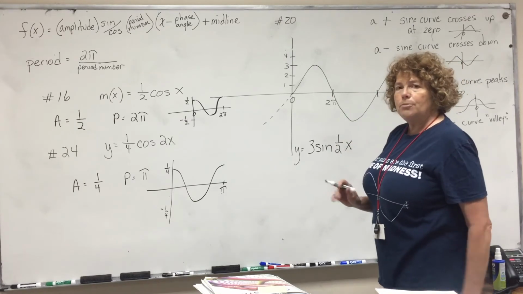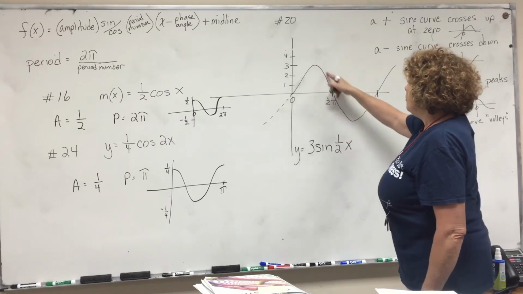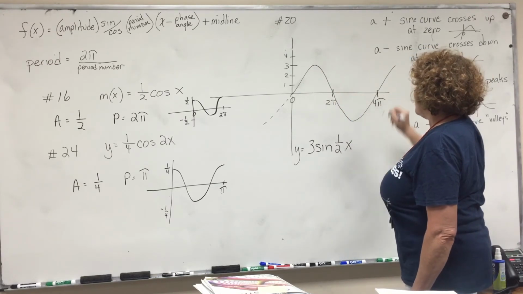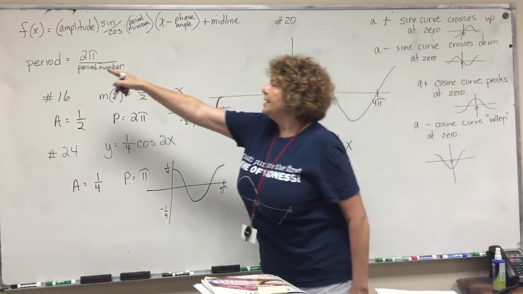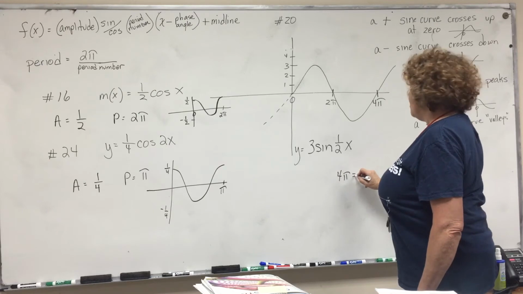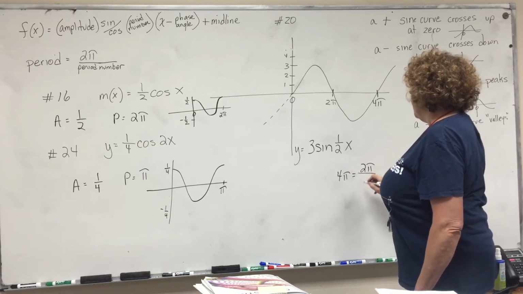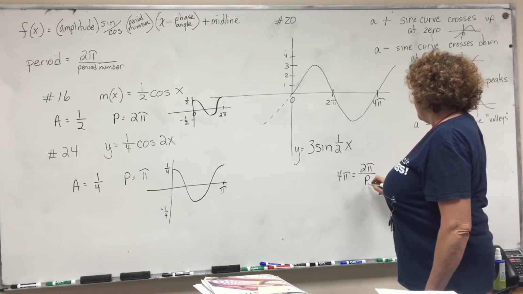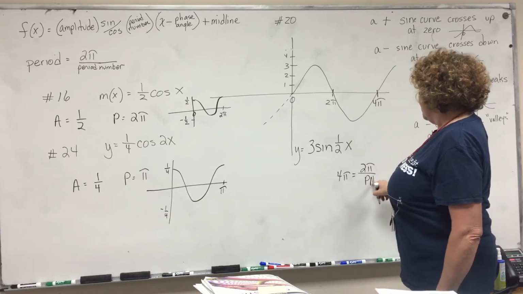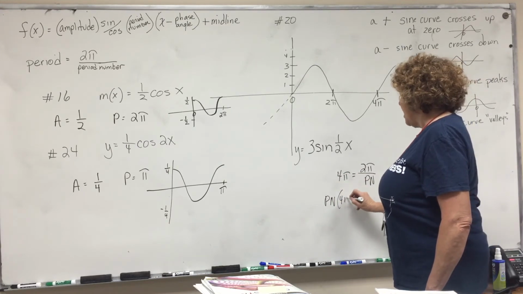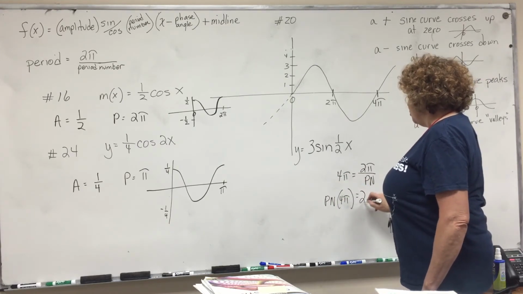How could you find that numerically? Well, one full curve here, if this is half of it, this is 2 pi, this is going to have to be 4 pi. So if we look at this, the period, which is 4 pi, equals 2 pi over the period number, okay? The period number, I'll call it Pn. Cross multiply, Pn times 4 pi equals 2 pi.